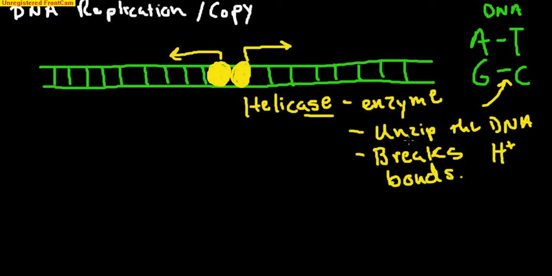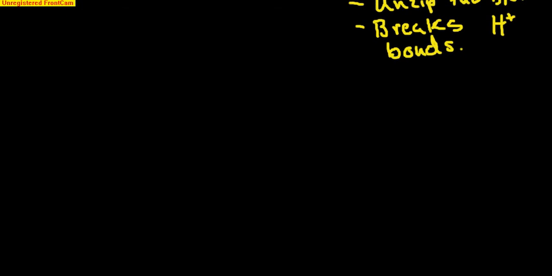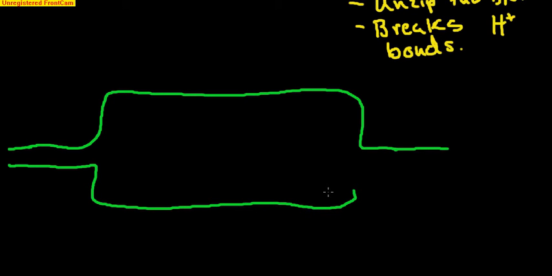So let me draw the helicase in motion now. So now we're going to have a DNA strand, and I'm going to draw it really exaggerated, really unzipped, because I want you guys to understand. All right, so we've got to draw our helicase that's unzipping the DNA.